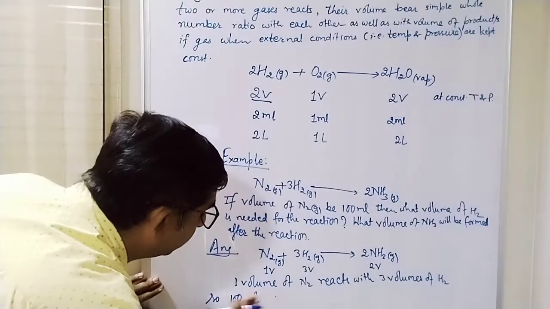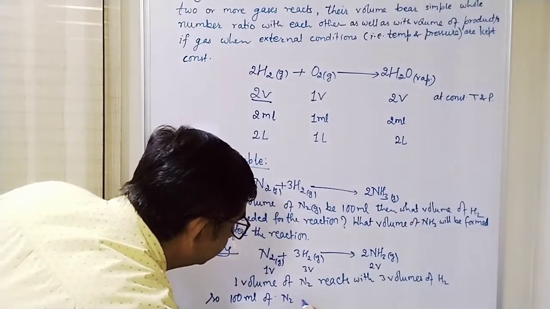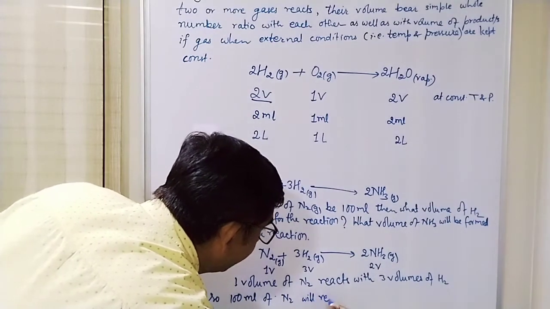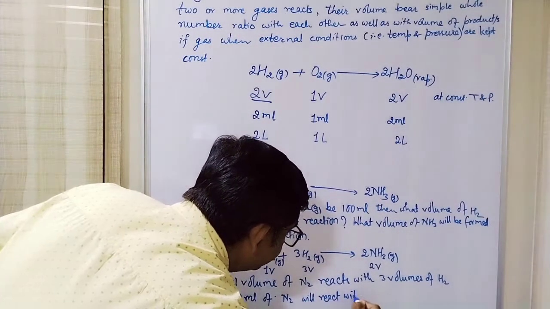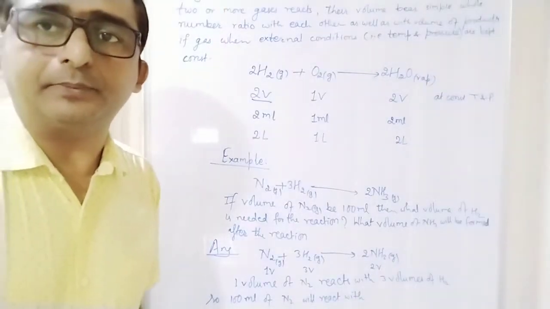Instead of 100 volume, you can write 100 ml of N2 will react with, it's a unitary method.